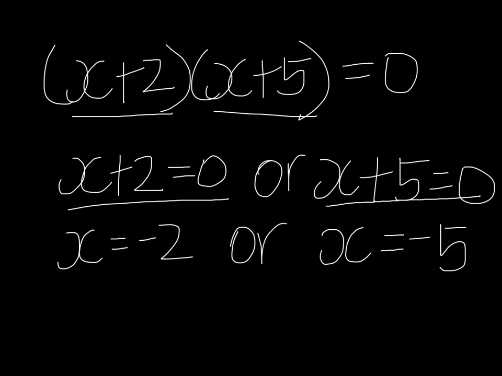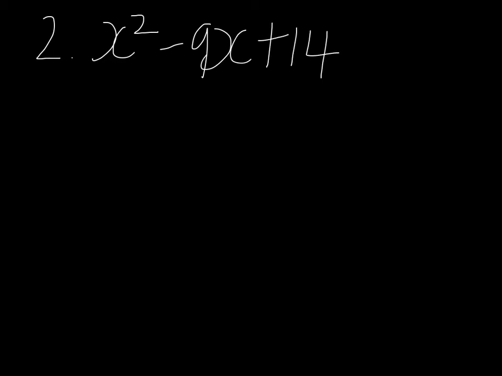Let's do another one. We've got x squared minus 9x plus 14 equals 0. Let's factorise the left-hand side of the equation first using our little table.